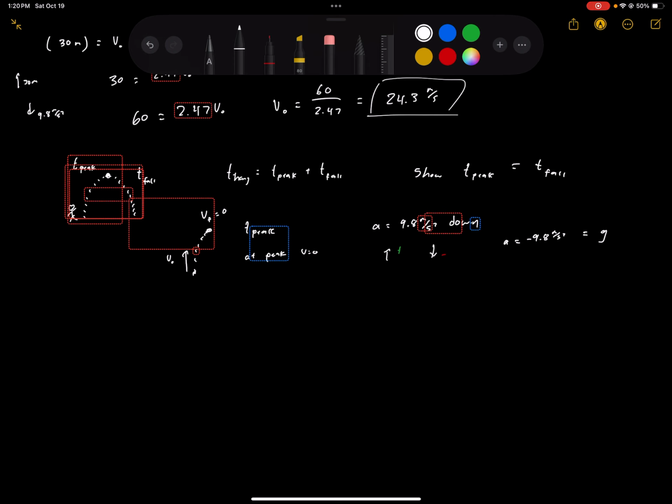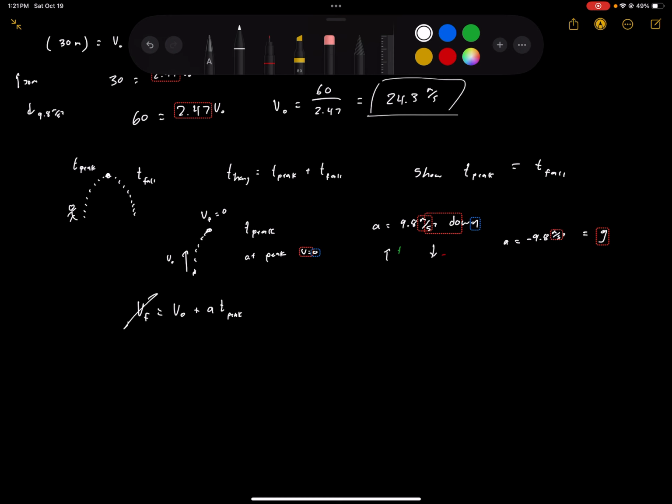So here we have VF is equal to V naught plus AT. That's the final velocity equation. And the way we're going to represent this is we need to solve for the peak time, so this is going to be T peak.